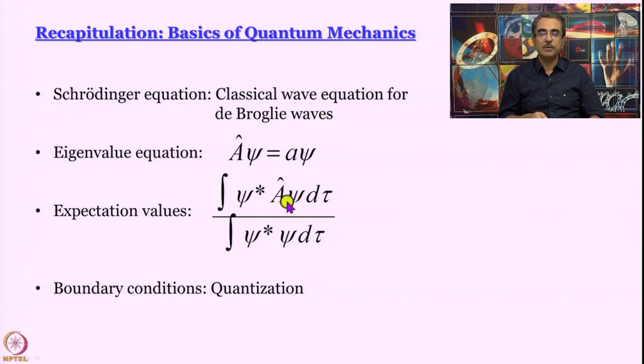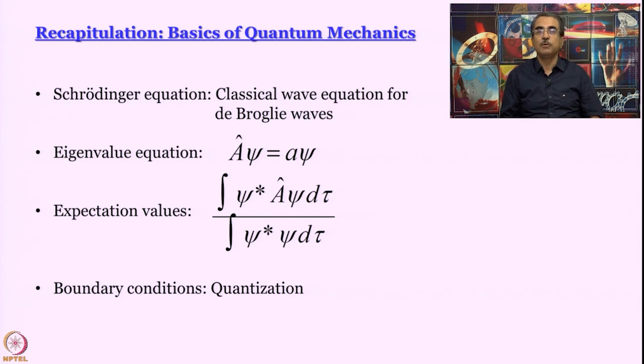The eigenvalue that you get is the value of the physical observable you are talking about, and for every physical observable like position, momentum, energy, angular momentum, we should be able to construct an operator, and this operator had better be Hermitian because your eigenvalues must be real, and the operators are also linear.